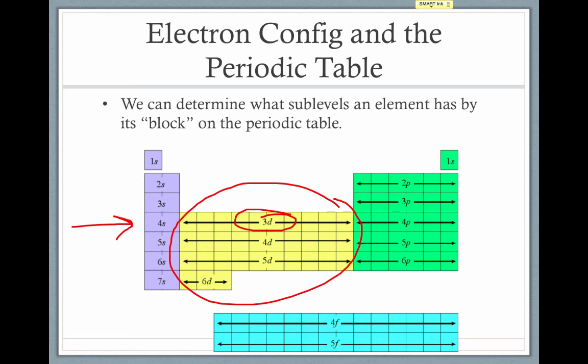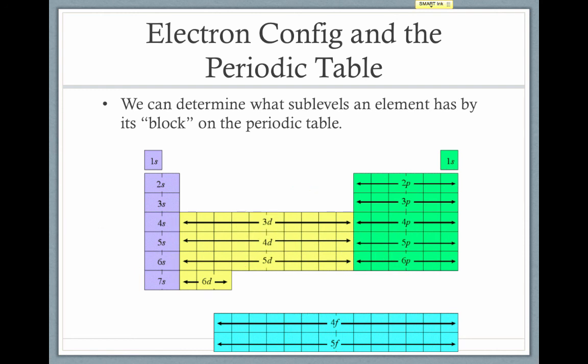So after 4s, you get 3d, then 4p. Then 5s, then 4d, then 5p, then 6s, then 5d, then 6p. And this corresponds to the filling order of orbitals. It so happens that d orbitals tend to fill after the s orbital of the next principal energy level, because they're lower in energy.